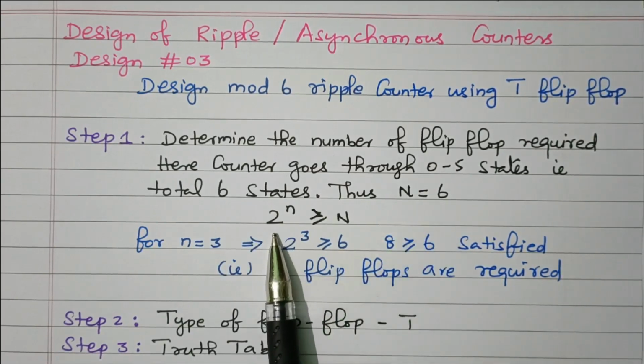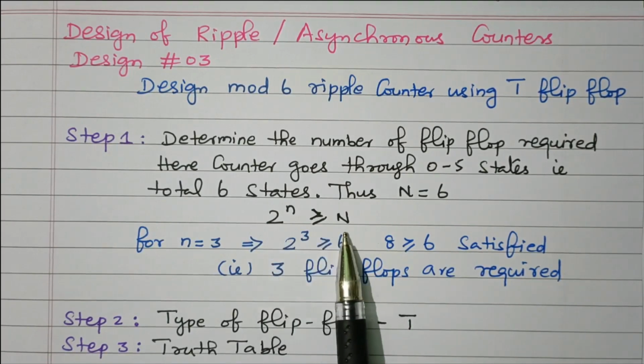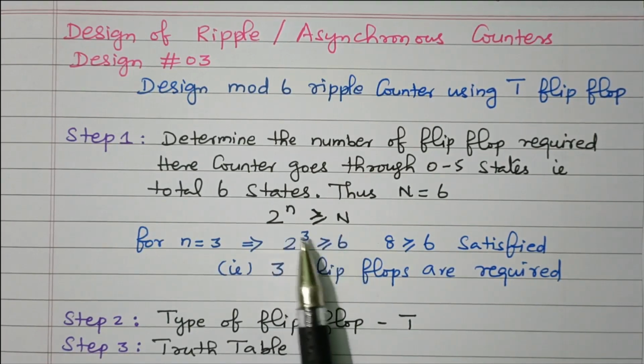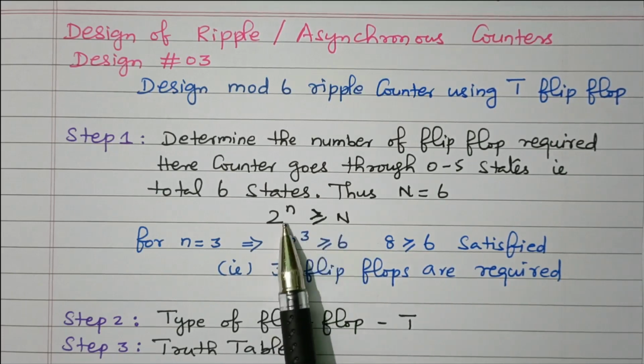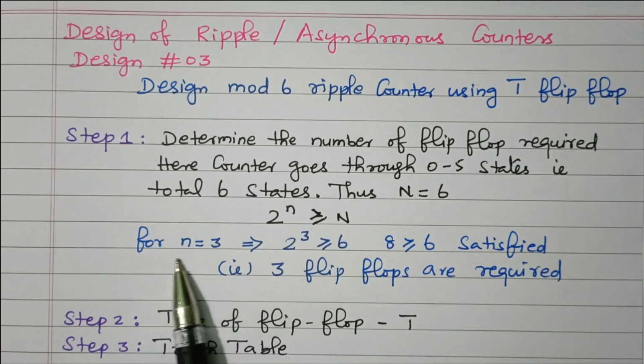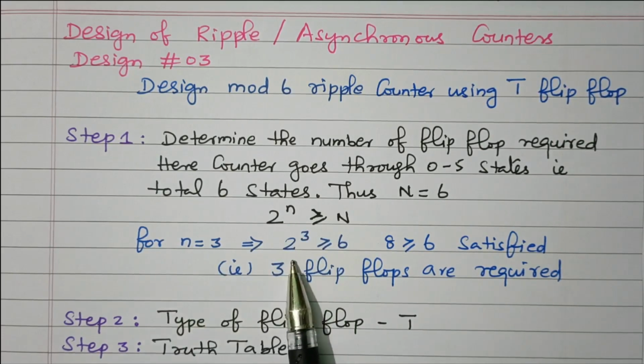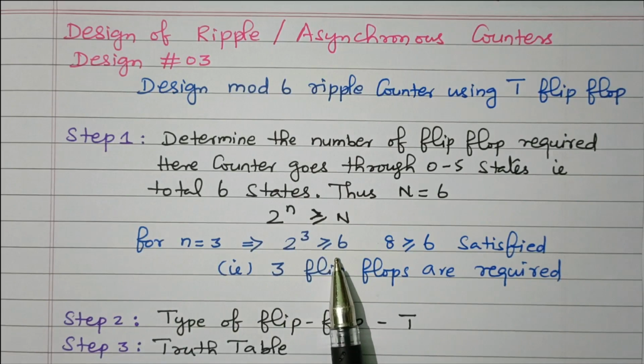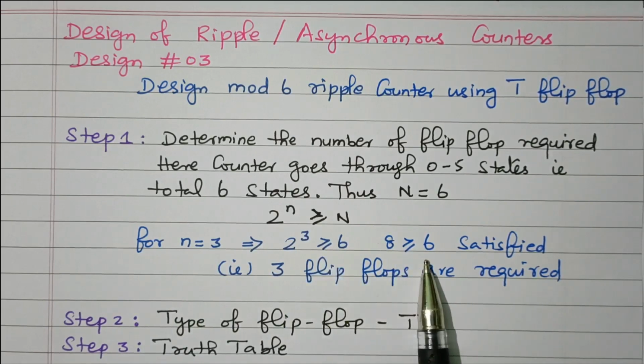In order to find the number of flip-flops, the condition is 2 to the power small n greater than or equal to capital N. So this small n is nothing but the number of flip-flops. I will take n equal to 3. So 2 to the power 3 greater than or equal to 6, that is 8 greater than or equal to 6. So this condition is satisfied.